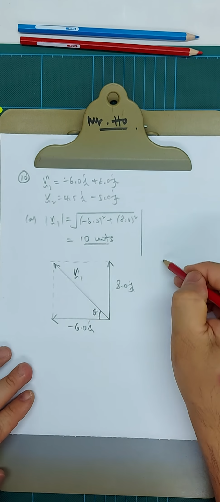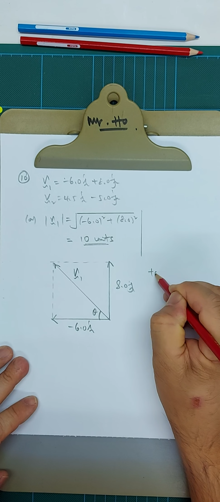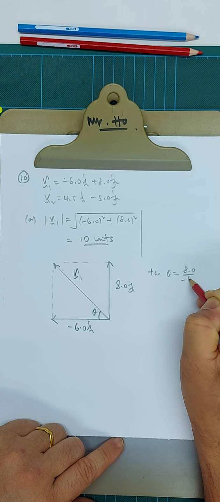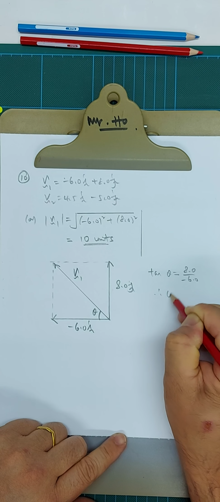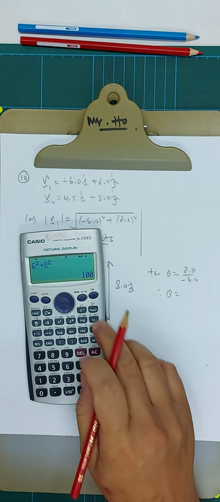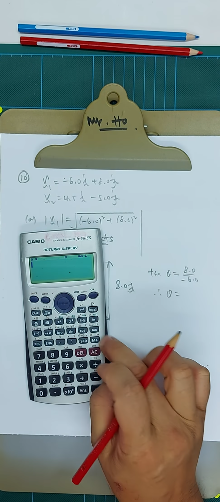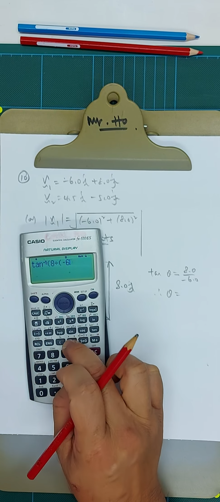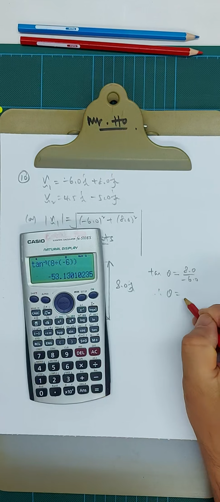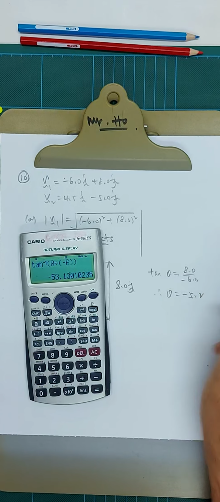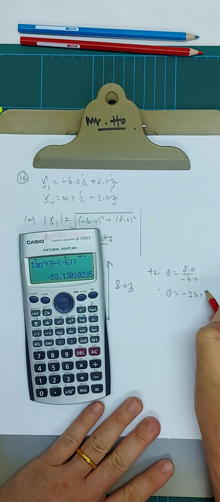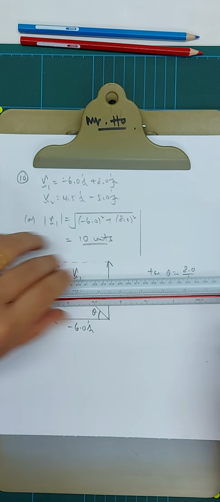Okay, so you can use tangent. Tangent theta is equal to 8.0 divided by negative 6. So let's see what do we get here. So we have arctangent 8 divided by negative 6. So negative 53.1 degree.